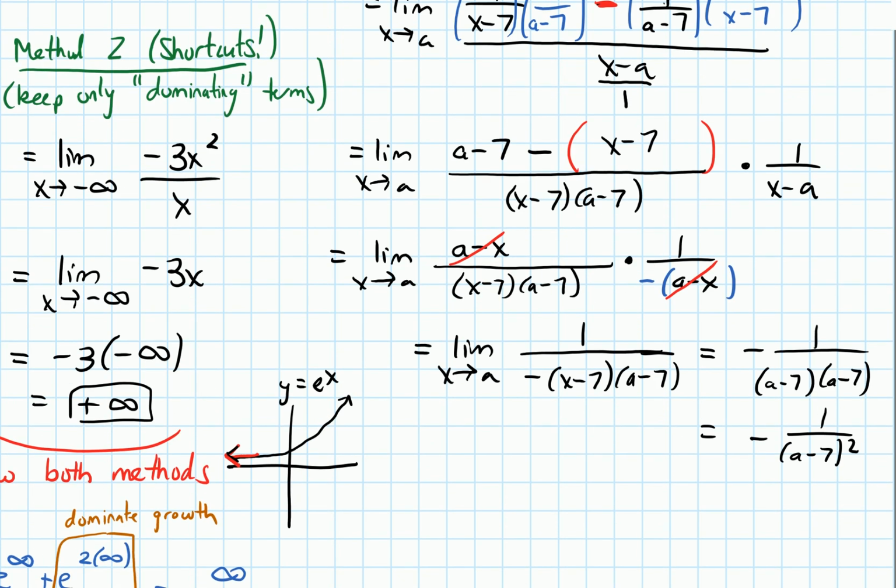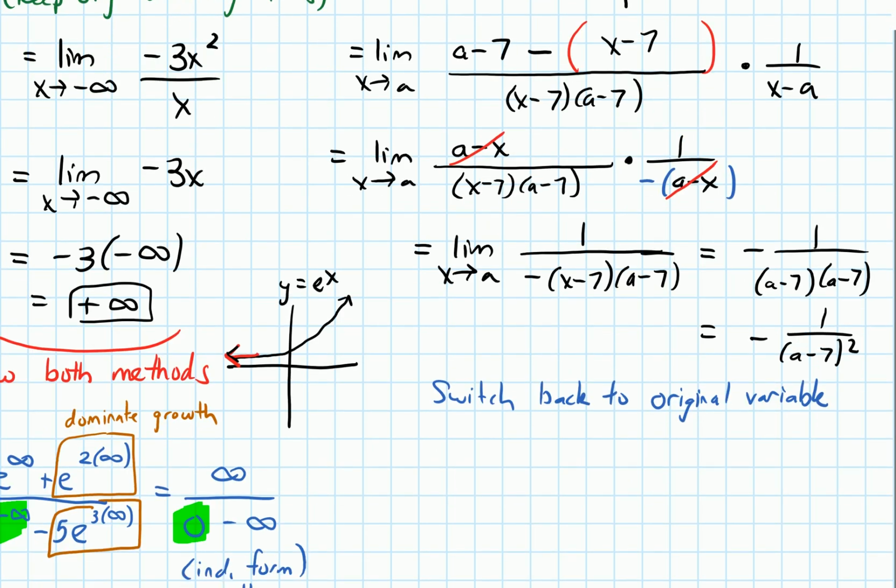So let's switch it back to the original variable. And if we do that, we get t prime of x instead of t prime of a is negative 1 over x minus 7 squared. So that's our derivative.